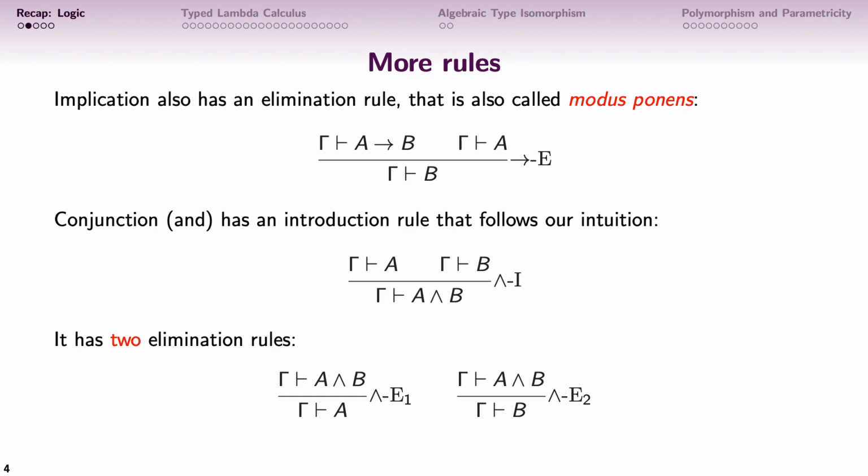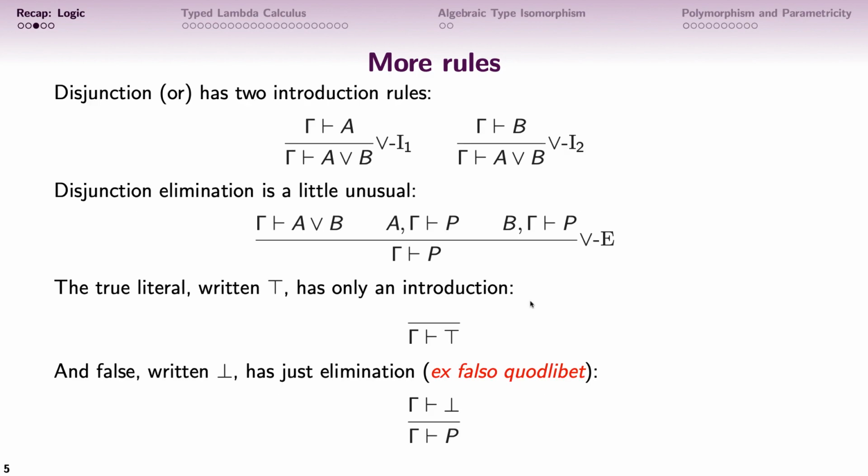So what we do is we say, if I know A or B, then if assuming A, I could show P, and assuming B, I could also show P, then we know that regardless of whichever of A or B it is, P is true.